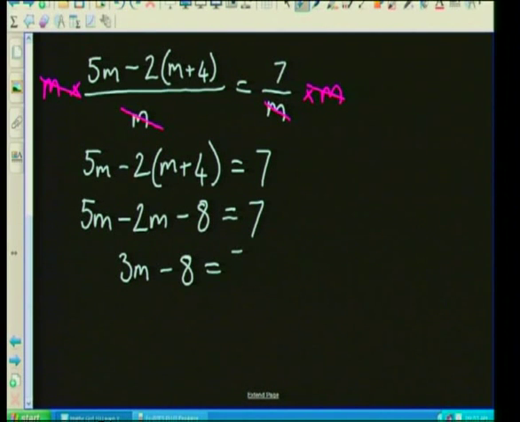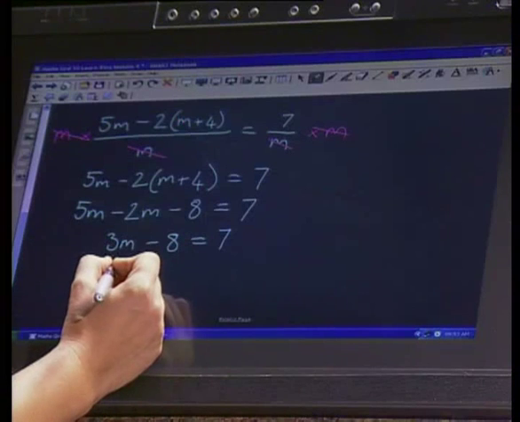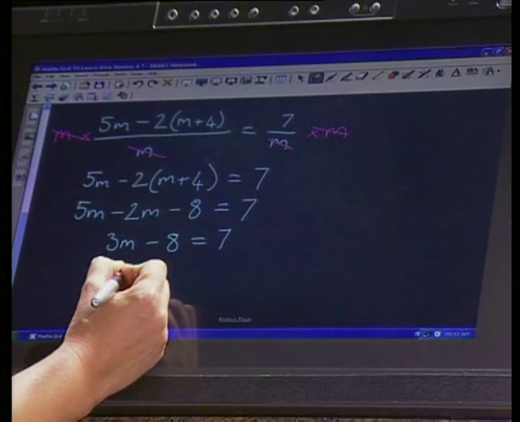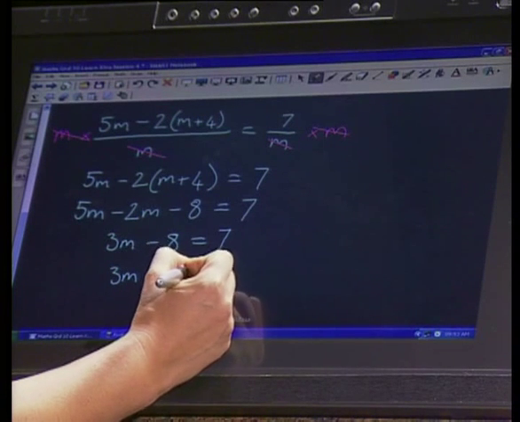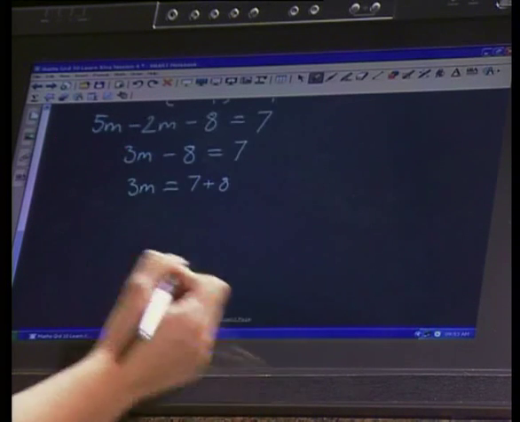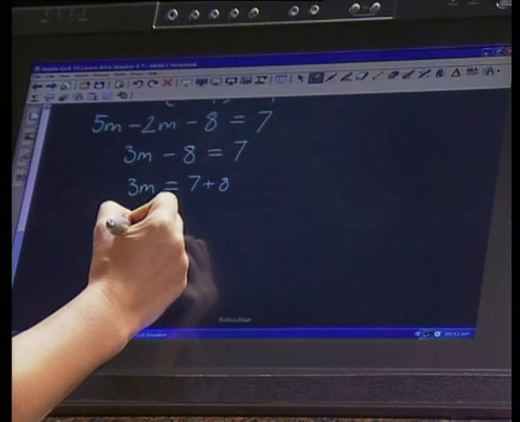And on the right-hand side, we've just got 7, so it stays 7. We now need to isolate the m, and we do this by first getting rid of what's being added and subtracted. Over here we've got minus 8, so we need to get rid of it by adding 8 to both sides of the equation. You don't show that step, you just show that 3m is equal to 7 plus 8, which of course is 15.